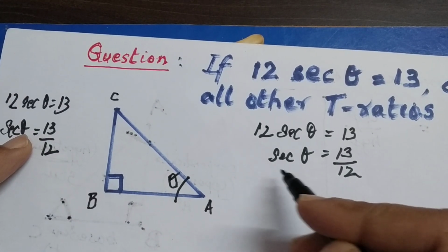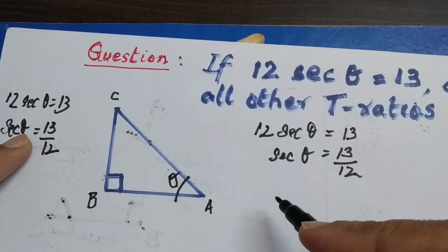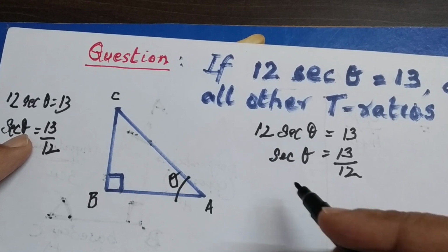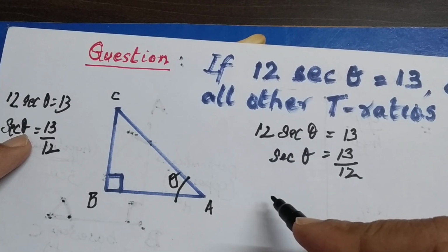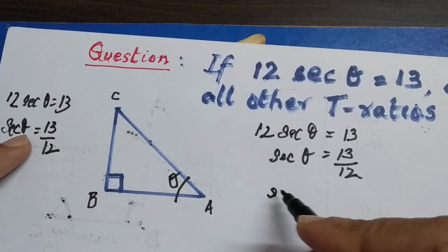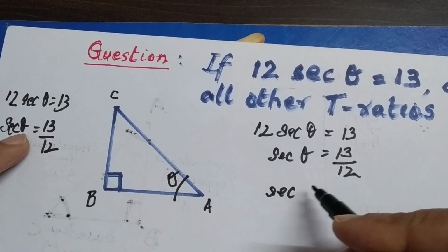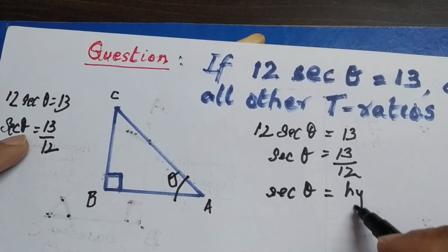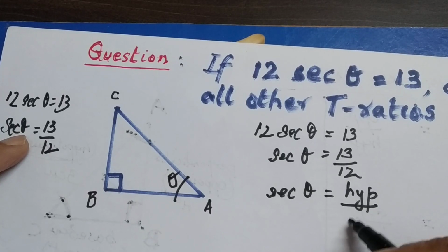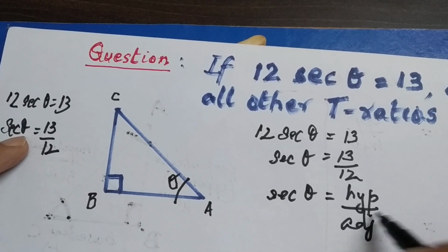Let's break this up. What is sec? Sec is the reciprocal of cos, right? So cos is adjacent by hypotenuse, so sec theta is hypotenuse divided by adjacent, right?